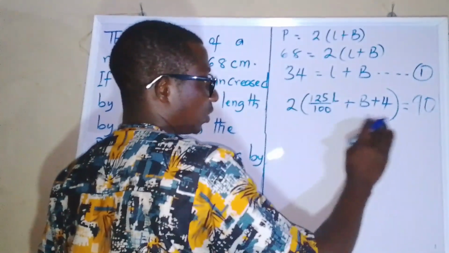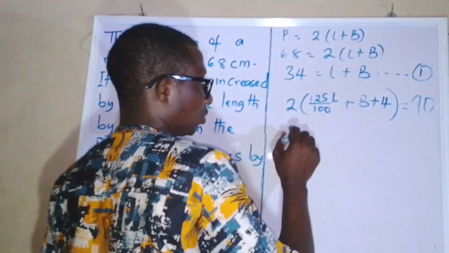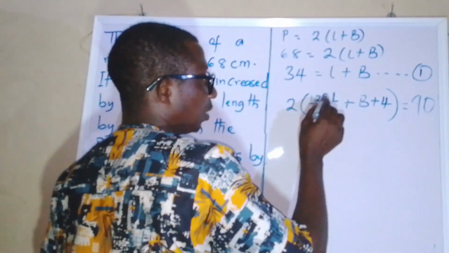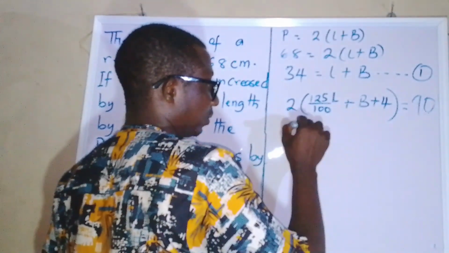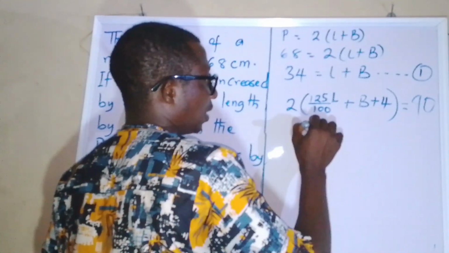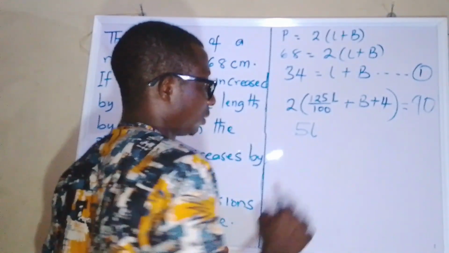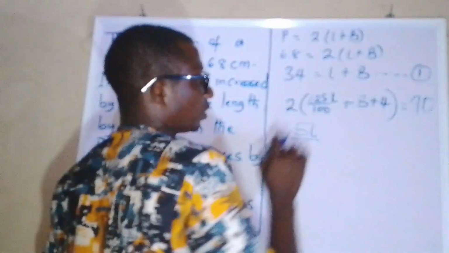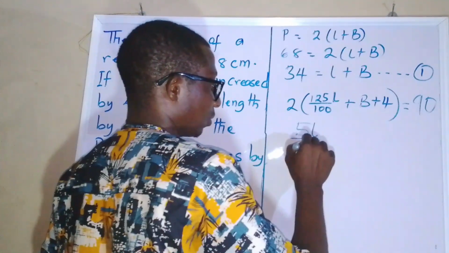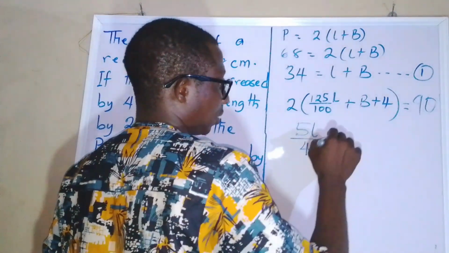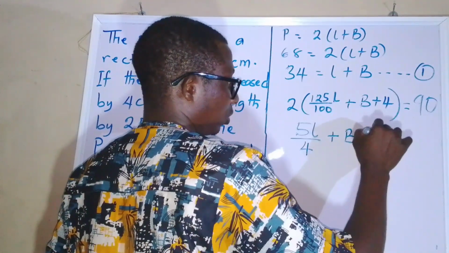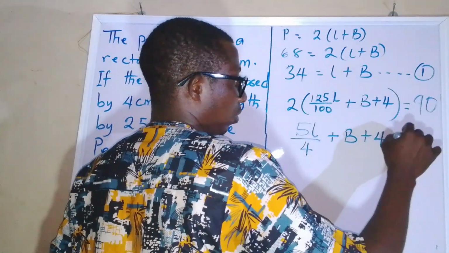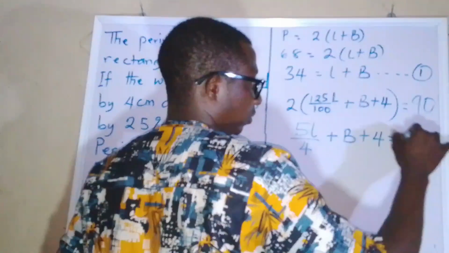So now the expression we have in the bracket turns to 5L over 4, plus B plus 4, equals 45.